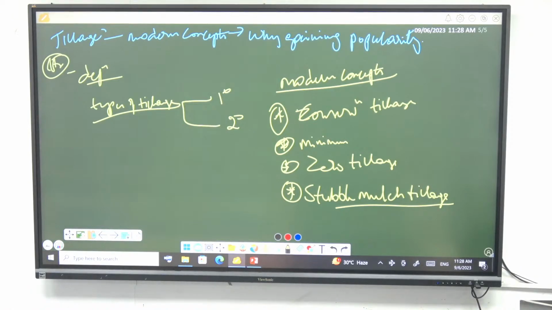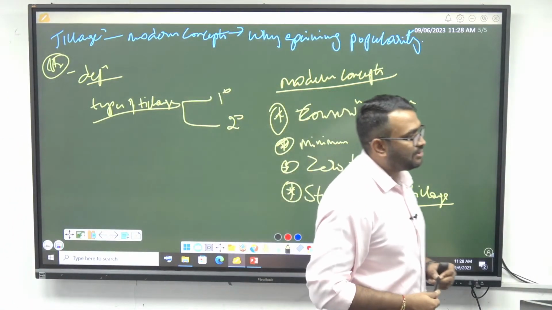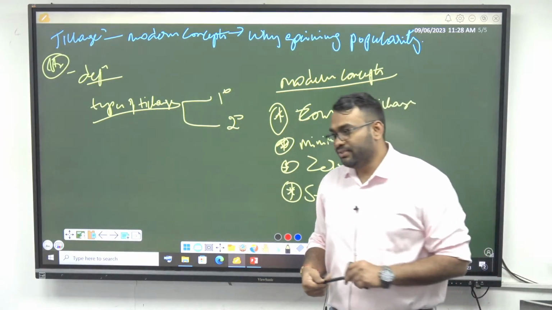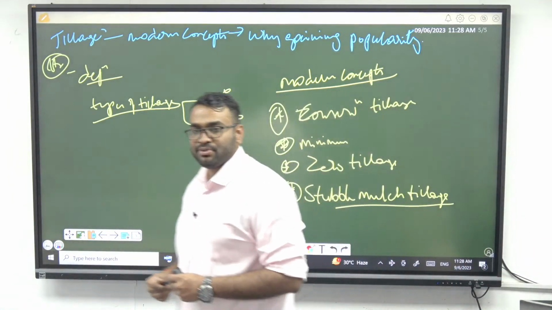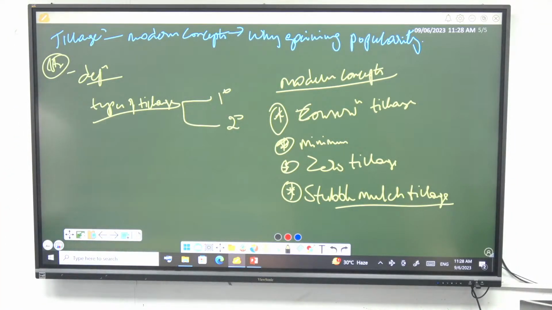If you take traditional tillage practices, we are going for around 5 to 6 tillages. In conservation tillage, we are going to conserve as many as possible. For example, instead of 6, if you go for just 5, then 1 tillage is conserved. That is the concept of conservation tillage.